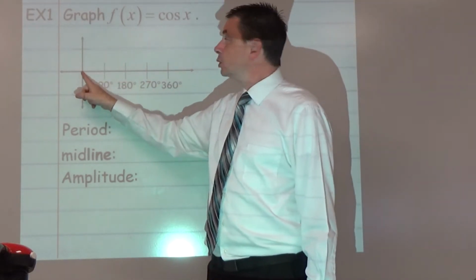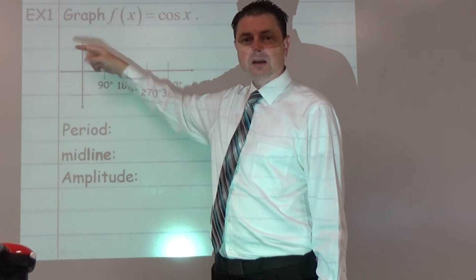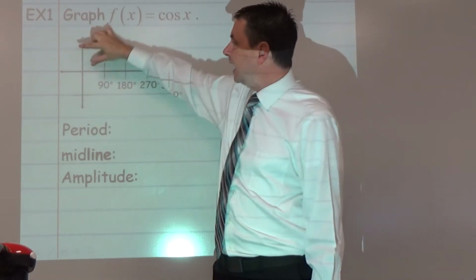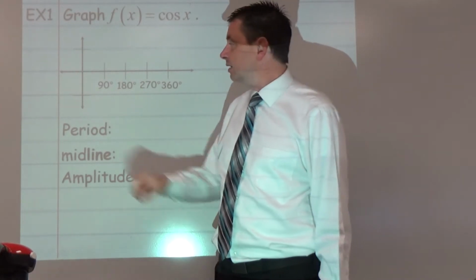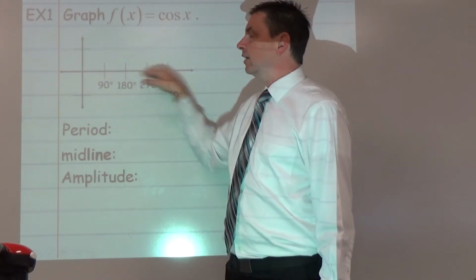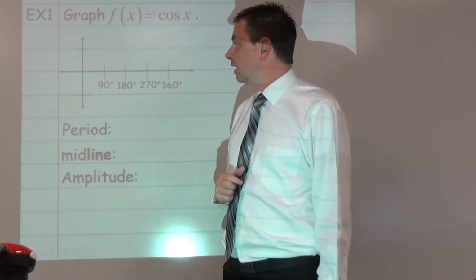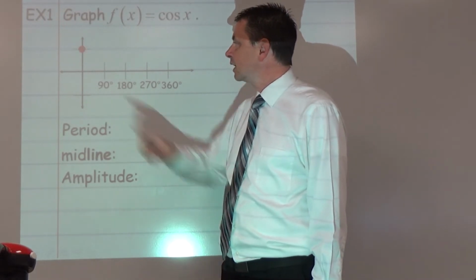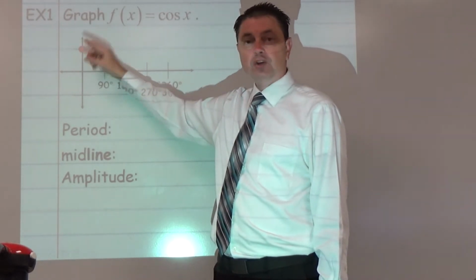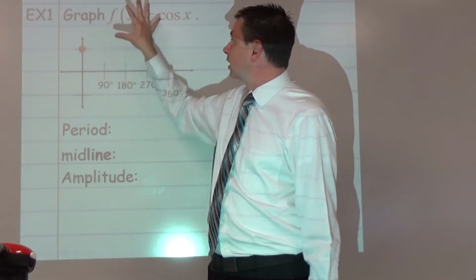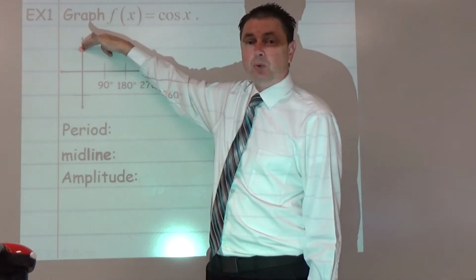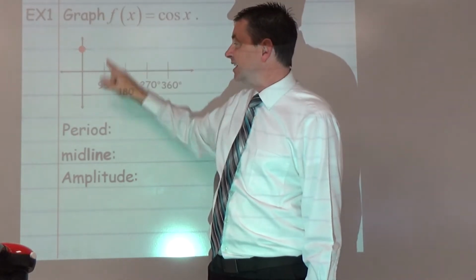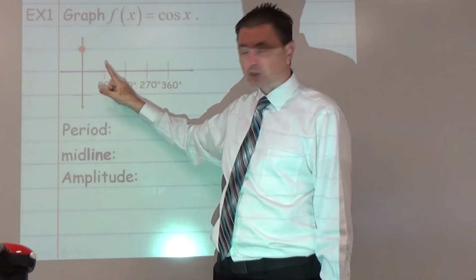We started at 0, the cosine of 0 was 1. Once again, we're starting at the maximum, above the midline. Since it's a base graph, the x-axis is the midline. No matter what, once you're here on a cosine or a sine graph, if you are above the midline, the next one has to be, as a key point, on the midline.